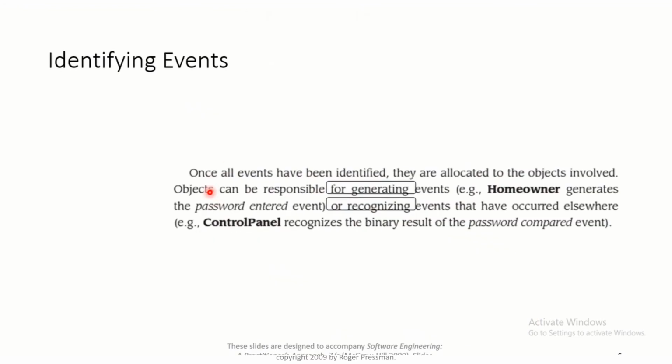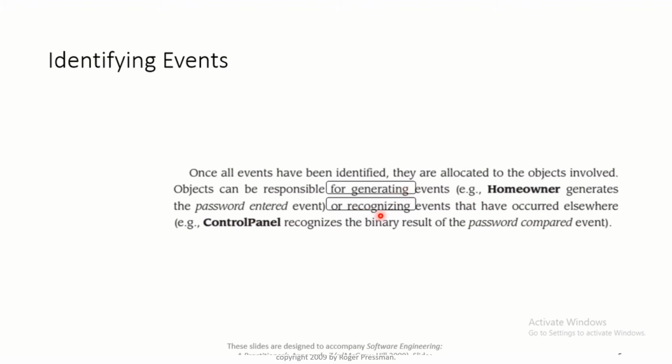So once all the events have been identified, these events are then allocated to the objects involved in the scenario, and objects can be categorically defined as generating event objects or recognizing event objects. If you take the example of a generating event, you can see that the homeowner generates the password entered event. It comes in the generating event category.